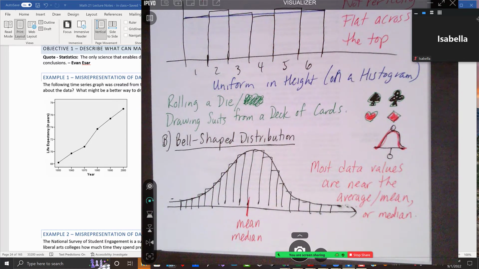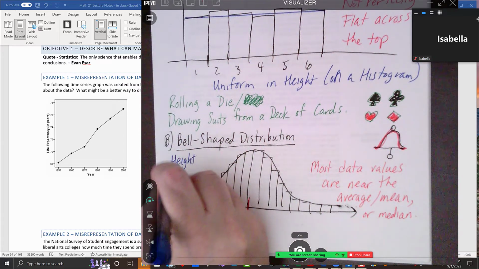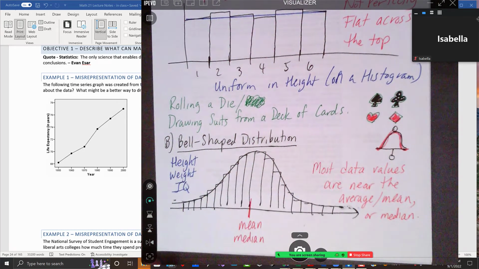A lot of things in nature occur this way. We could talk about height. We could talk about weight. We could talk about IQ. In terms of IQ, the mean is 100.